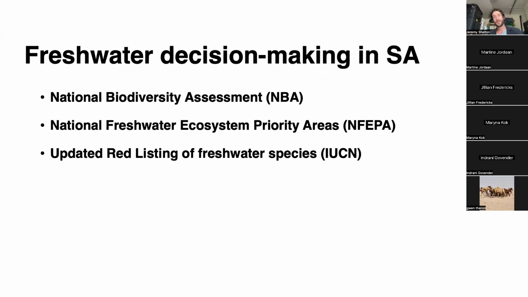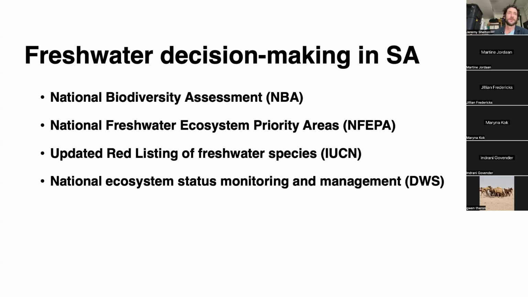It's going to allow a lot of these processes and these decision tools just to be more data driven on the freshwater data side. National monitoring by DWS are using the FBIS, and the environmental affairs screening tool is drawing on data from the FBIS as well.